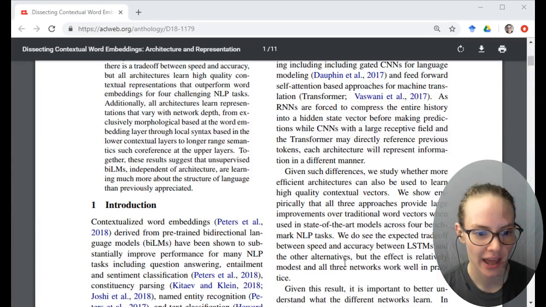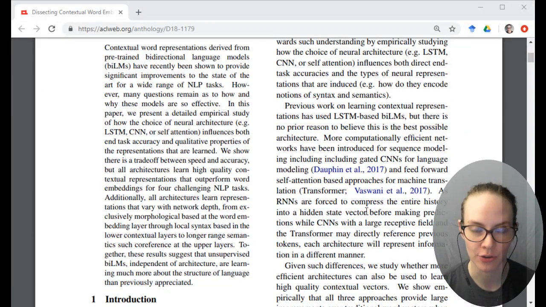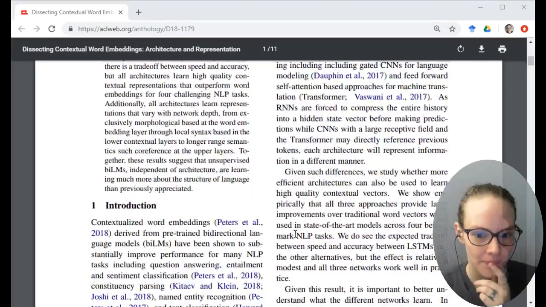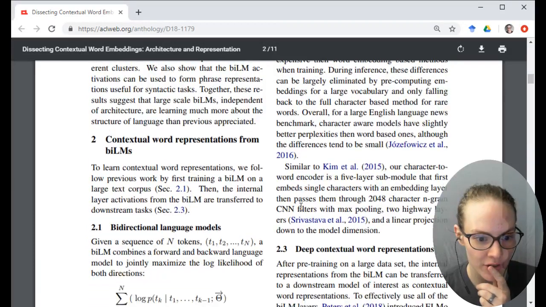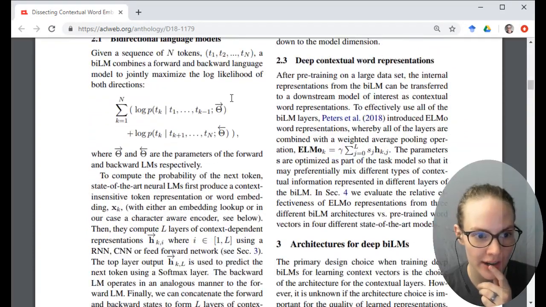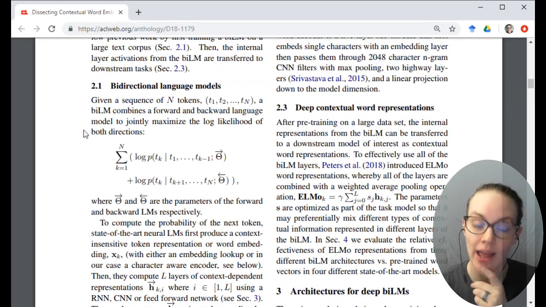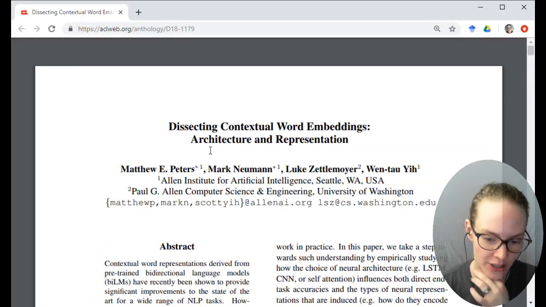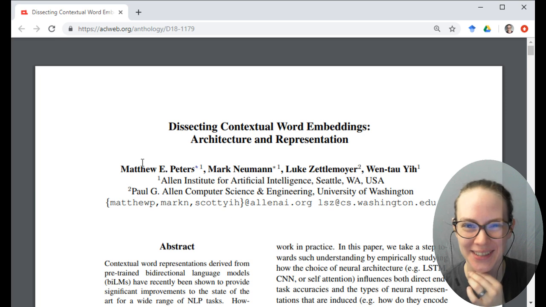So we had talked about looking at all of the different architectures that they were using to train these contextual word embeddings, which there were 3 different architectures they used. They used bidirectional LSTMs, so that was the Elmo architecture that was proposed in the original paper. This paper is by Peters et al., and the Elmo paper is by Peters et al., the same research group.